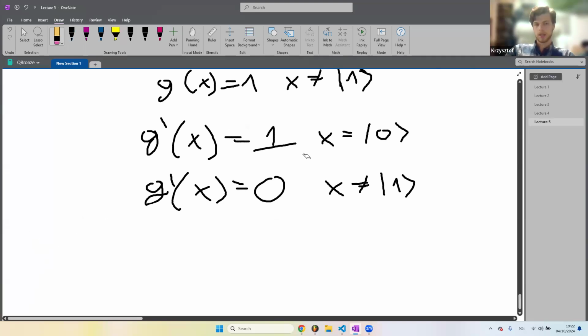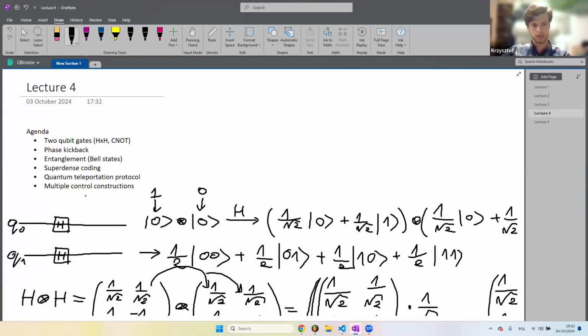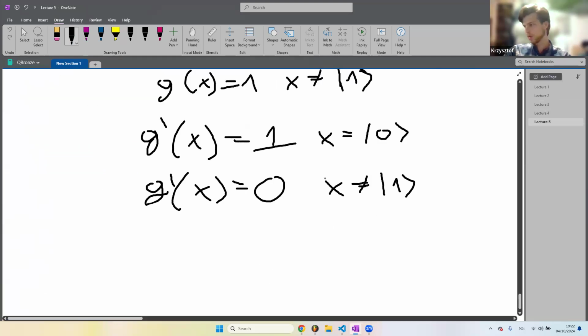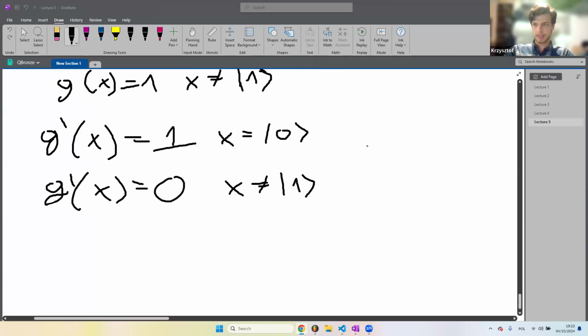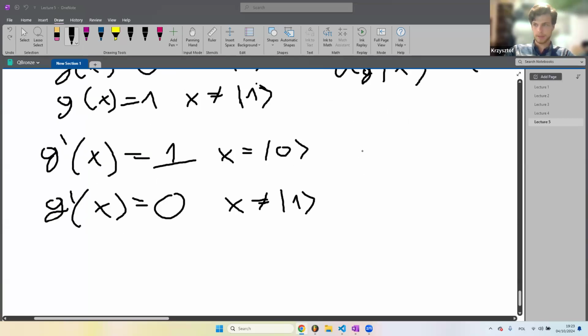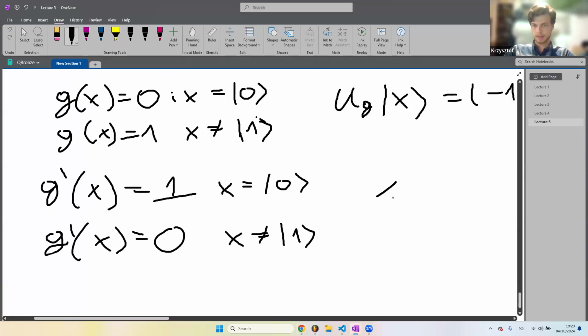Actually, you can implement this function also based on the knowledge from the multiple control constructions. And you can do so by implementing the gates such as X.